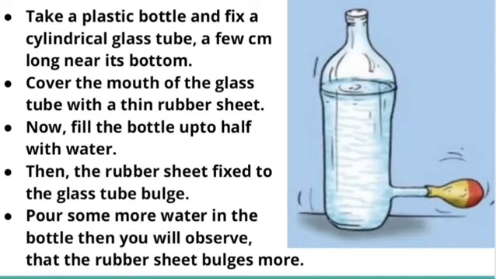And why does it bulge? Because of the pressure exerted by the liquid on the walls of the container. And if you pour some more water in the bottle, then you will observe that the rubber sheet bulges more, because the pressure exerted by the liquid is more.